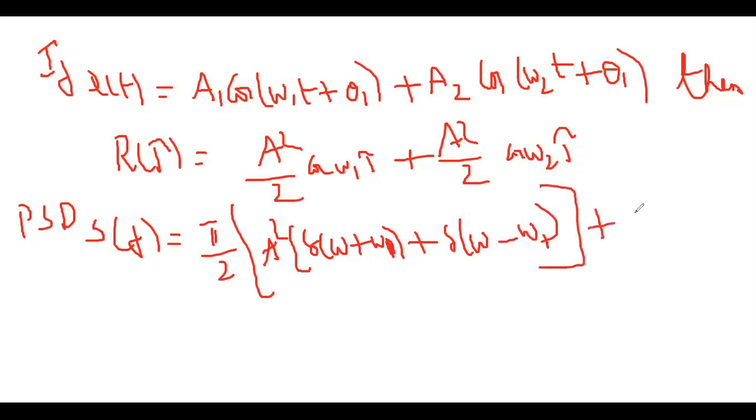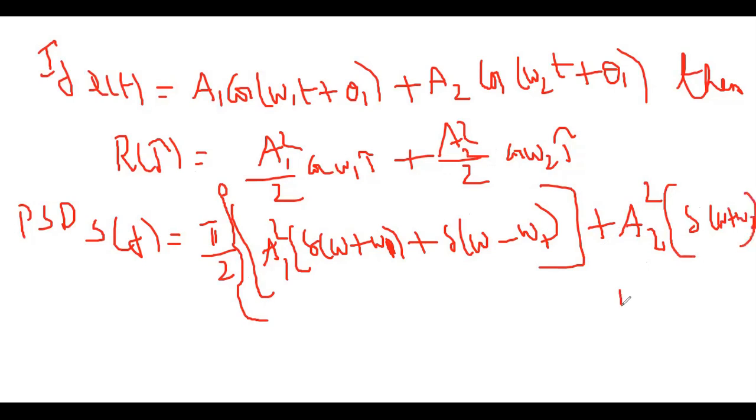Plus its total function, my dear students, a2 square, it is also a1 square and a2 square. Again, it is multiplied with the delta of omega plus omega 2 plus delta of omega minus omega 2.